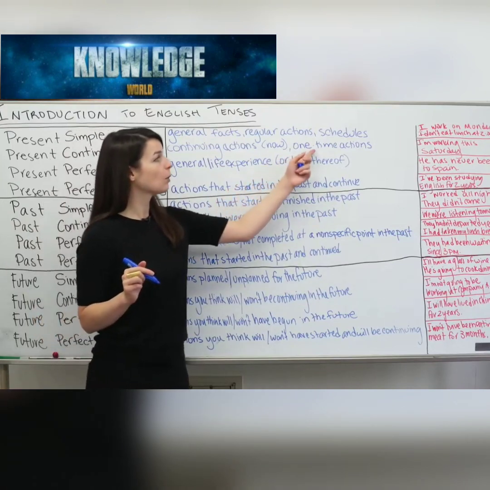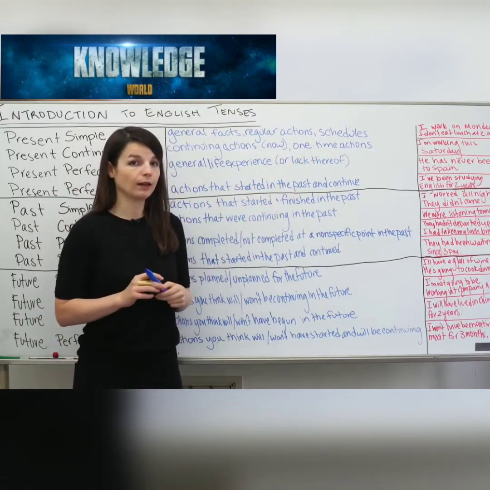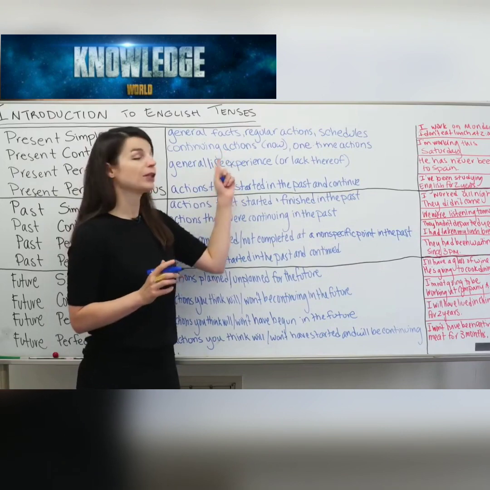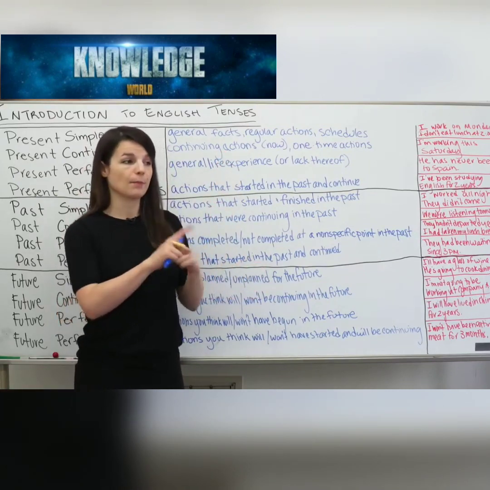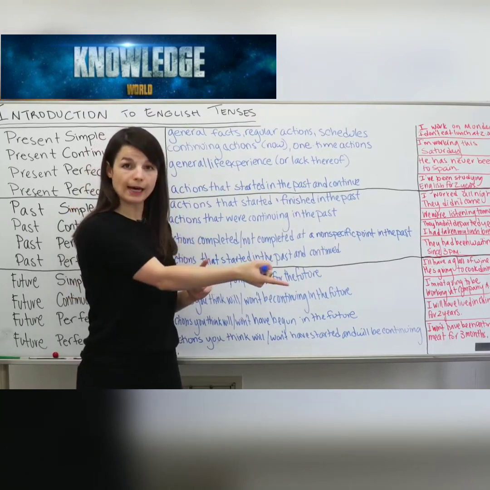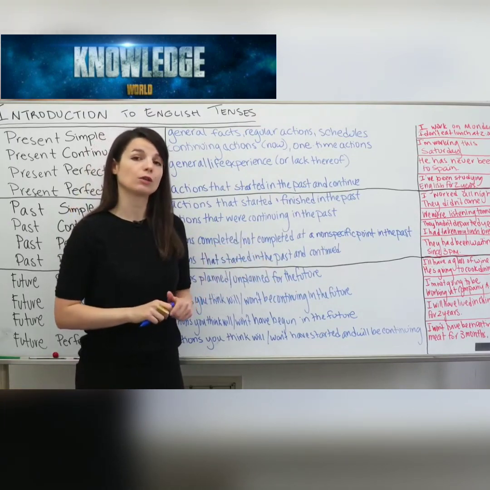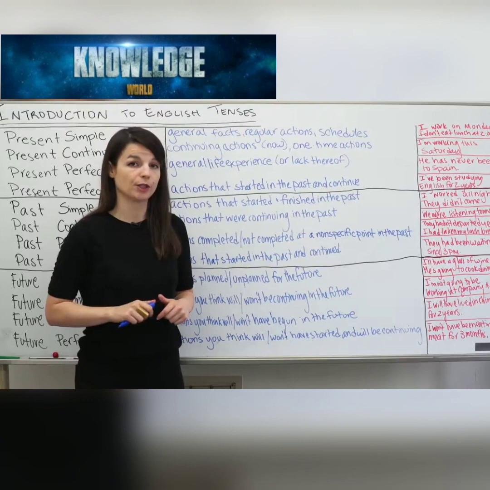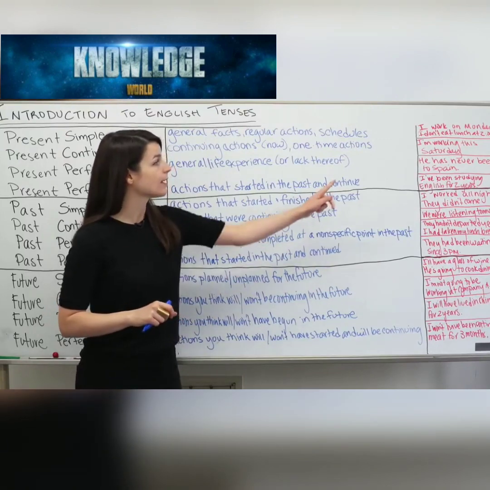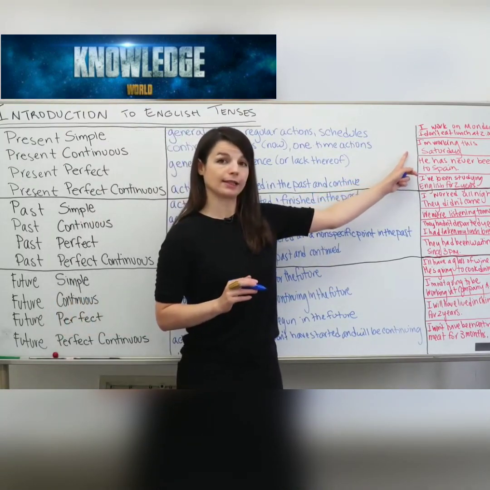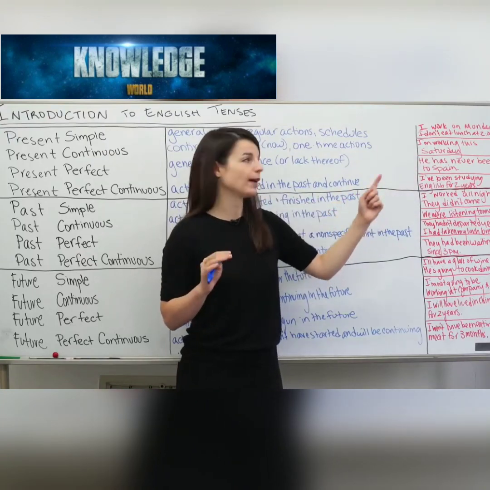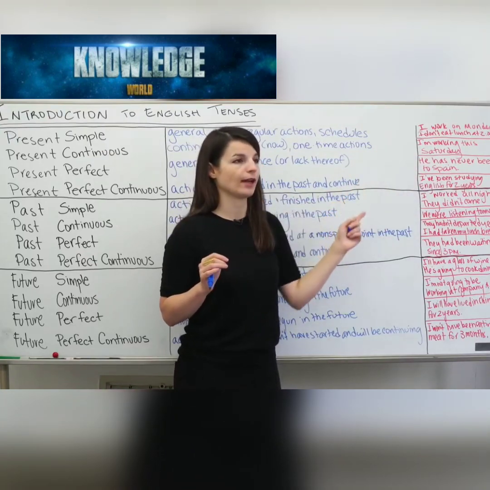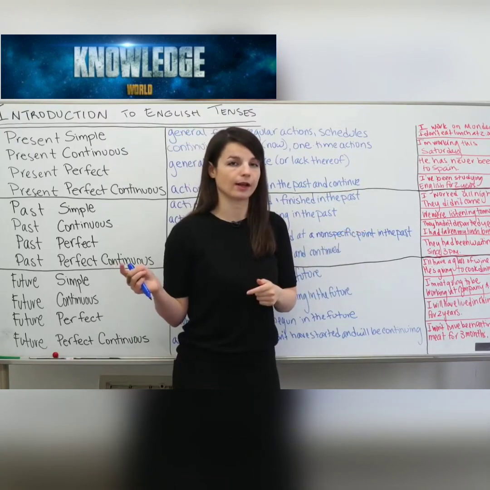We can use it for one-time actions as well, and this relates a little bit to future tense, which I'm going to talk about later too. But something happening just one time in the future, we can use the continuous form to describe that. So for example, I'm working this Saturday. Sometimes students ask, what's the difference? Why is it I'm working this Saturday and not I work this Saturday?